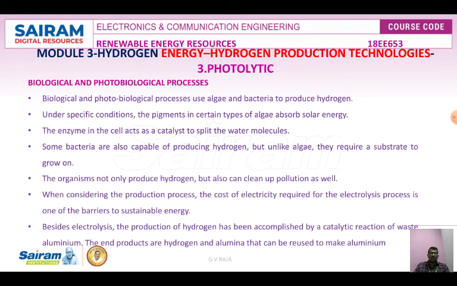So photolytic conversion holds very great promise for the long term. The key challenge is that the oxygen produced along with this hydrogen tends to accumulate and inhibit the production of the hydrogen.